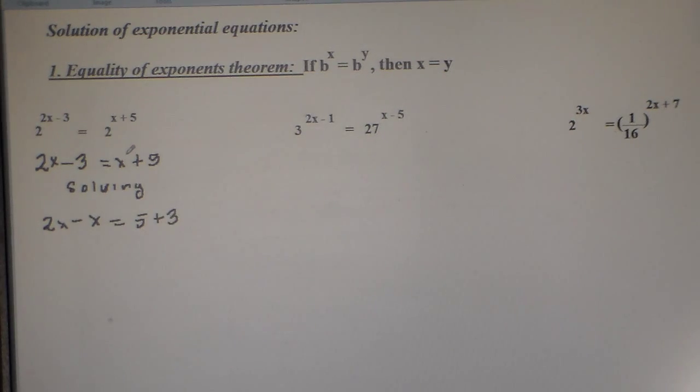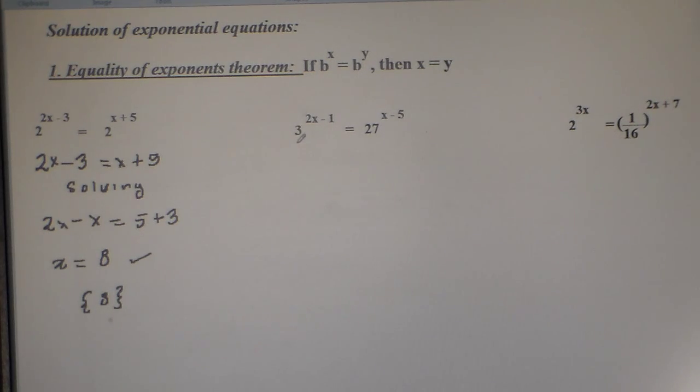We bring this x to the left, subtracting, we bring the 3, adding to the right. Then 2x minus x will be x, and 5 plus 3 will be 8. Then in this case, the solution of the exponential equation is x equals 8.